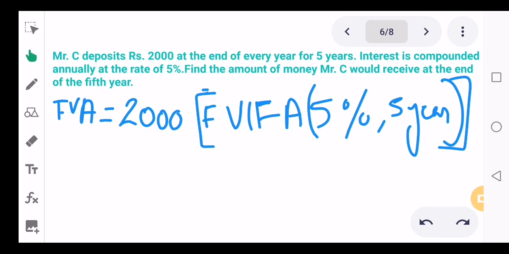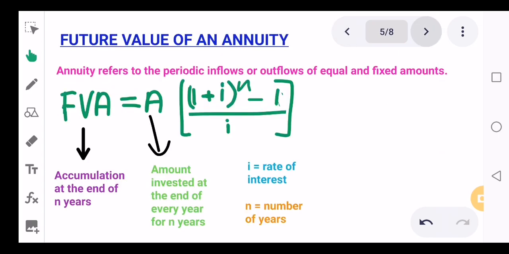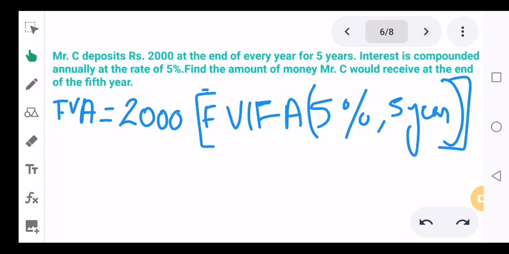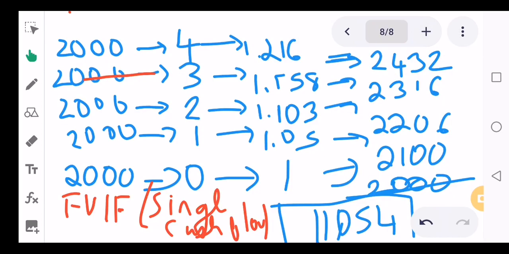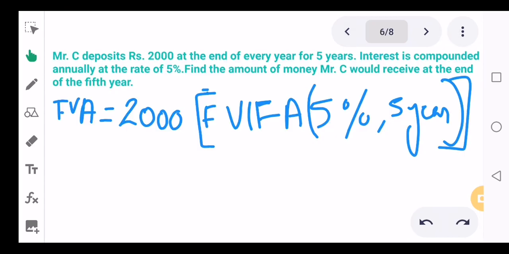But if it is an annuity, then you have to use this table. Let me use the table and show you. 5% for 5 years using the annuity table, or 5 times it's being compounded. So it is 5.5256.